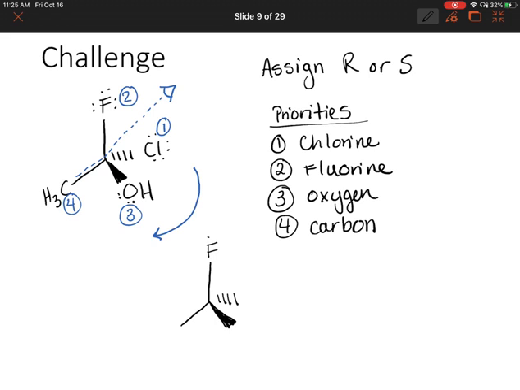Fluorine stays on top, but if we shift everything around so that CH3 is in the back, chlorine is now coming forward, and OH will be in the plane of the paper. One helpful thing to do here is to build this using a modeling kit, and then you can physically rotate the bonds and see how they can change position based on your viewpoint.